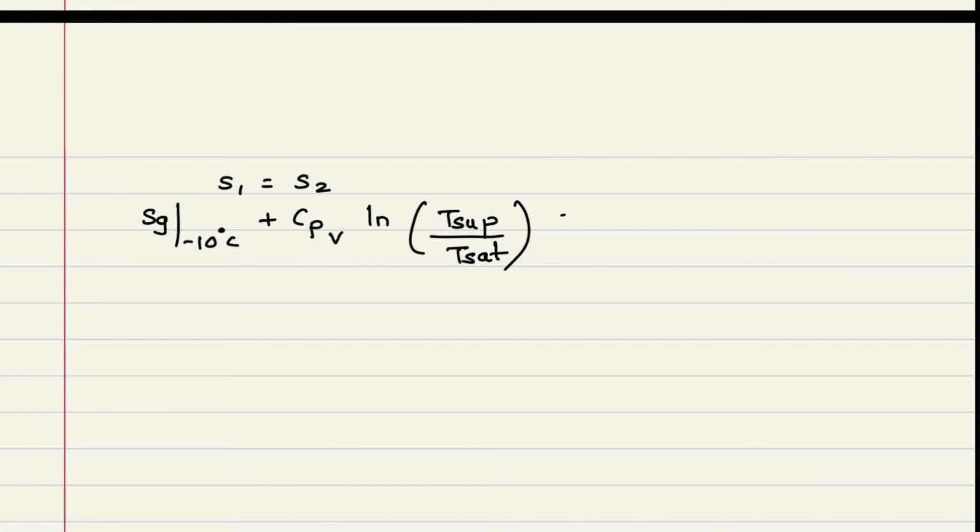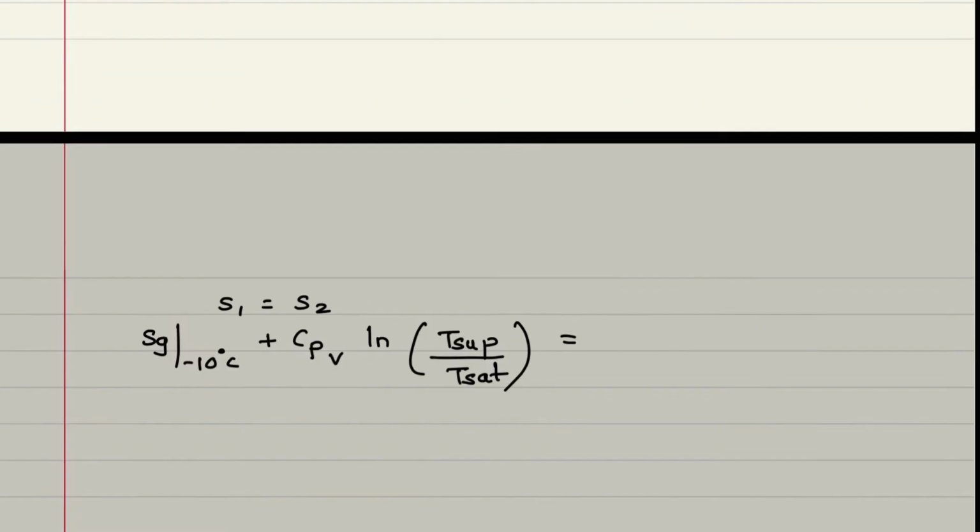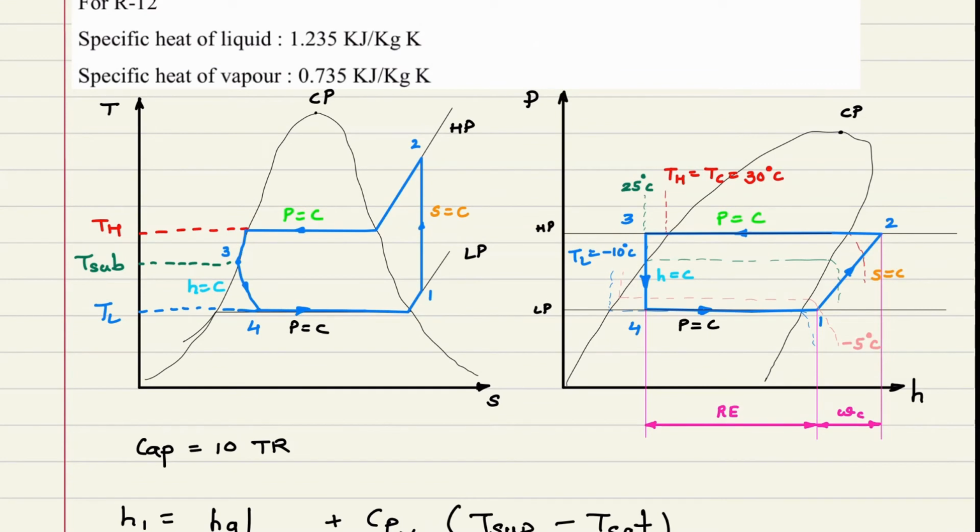This is equal to S2 for point number 2. This will be Hg at the higher temperature of 30 plus Cp of vapor log T sup for point 2 upon Tsat, and this Tsat is 30.